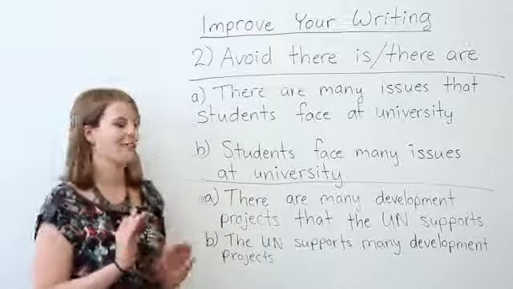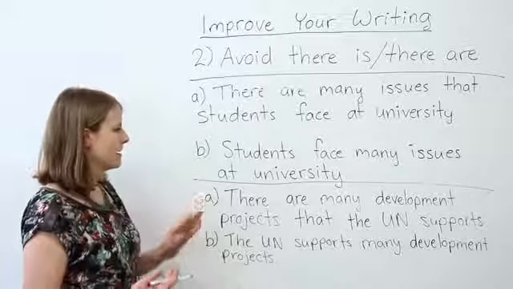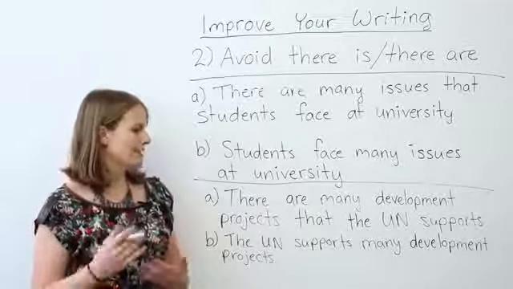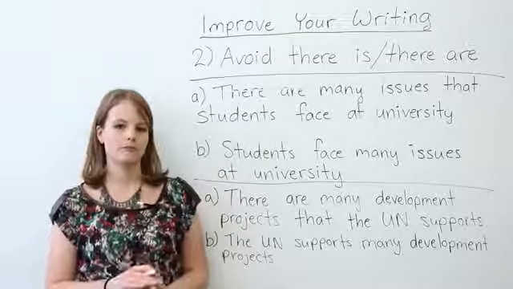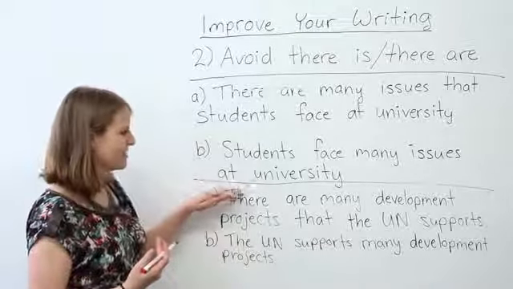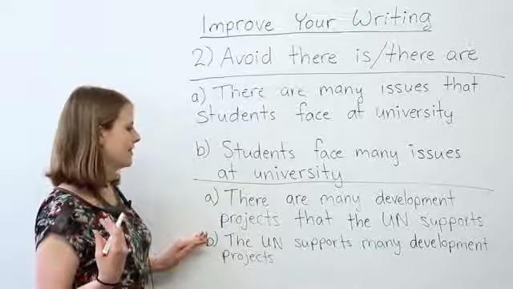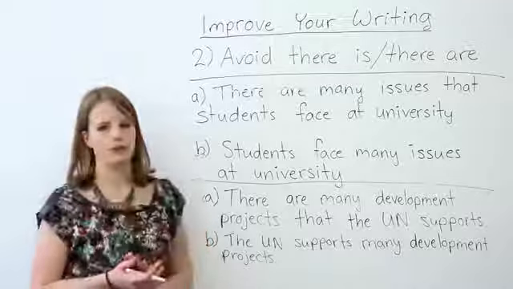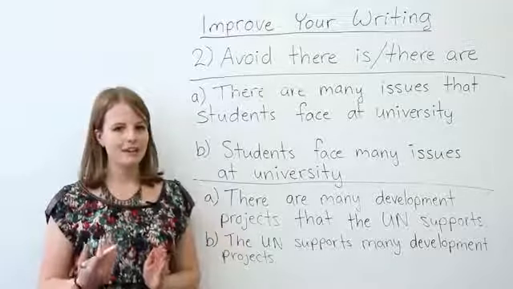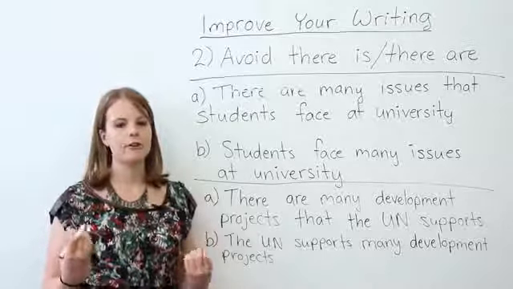So you don't need there is or there are. A second example, there are many development projects that the UN supports. Okay? Again, we don't need there are. We could just change it to the UN supports many development projects. By getting rid of there is and there are, your sentences become stronger and to the point.